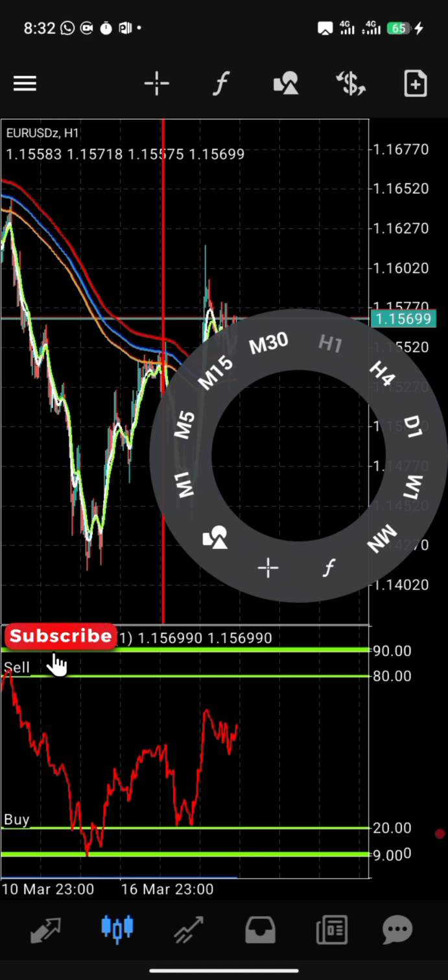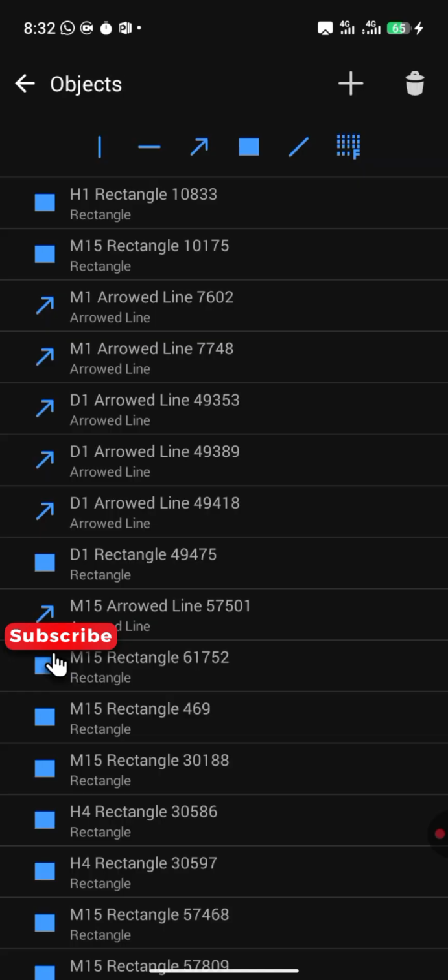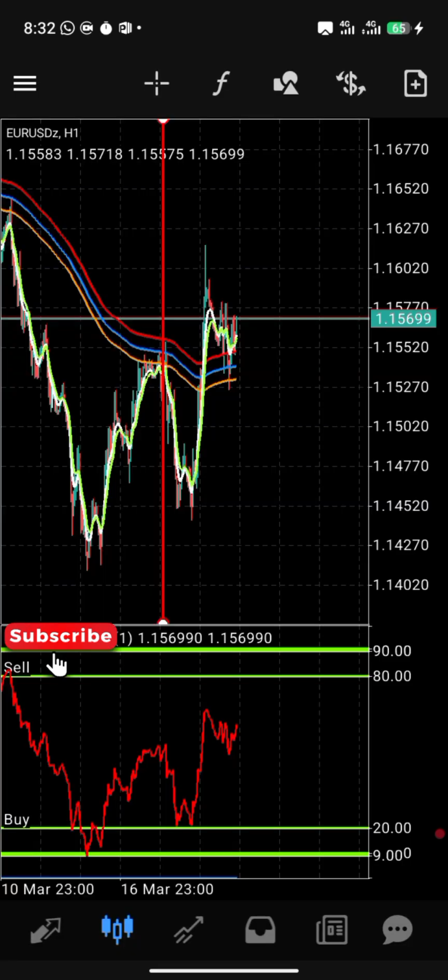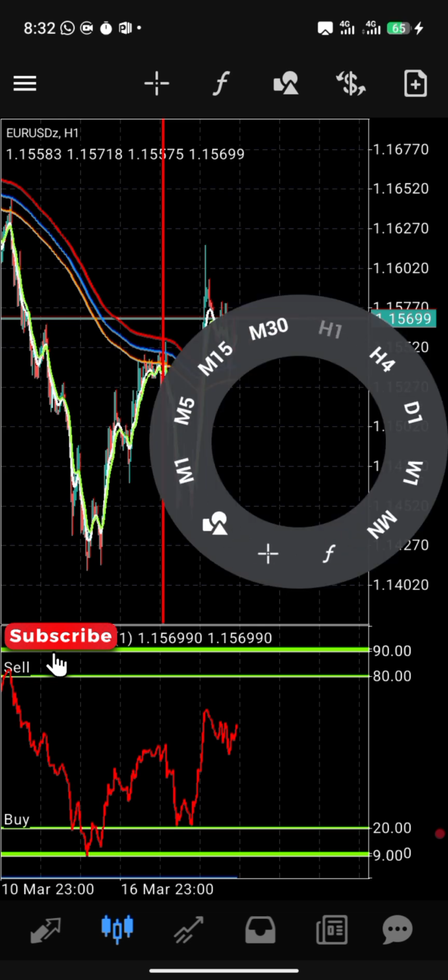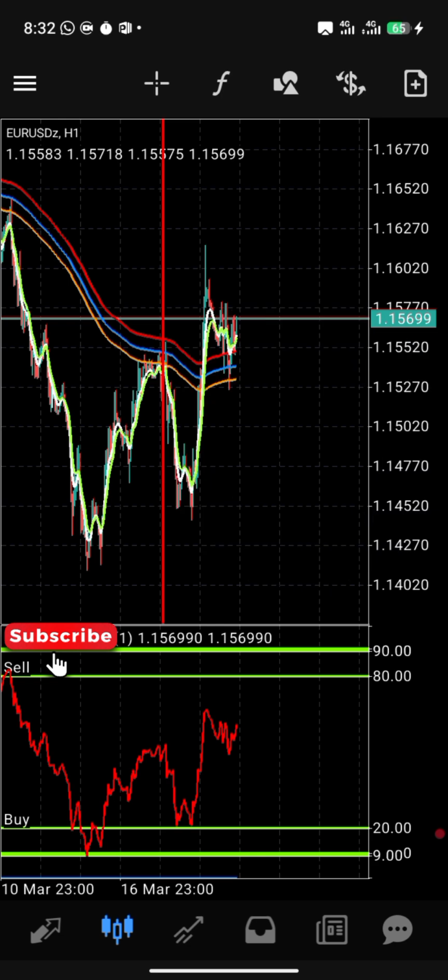Now, let's start with the sell, which I have outlined here. I'm going to check on the buys later. So for the sell, I'm using the red line, and you can use any higher time frame. I'm using the H1 in this case.